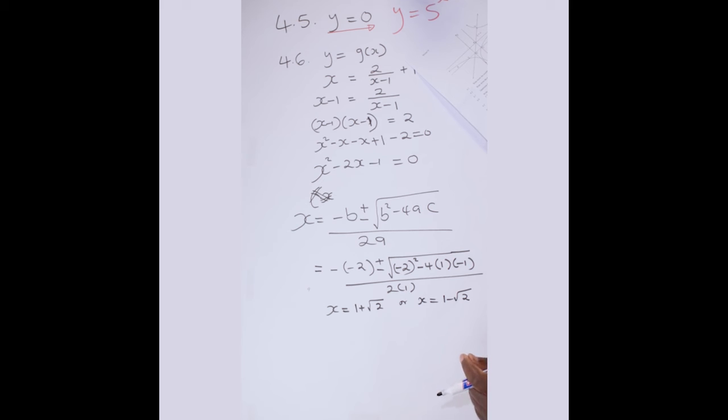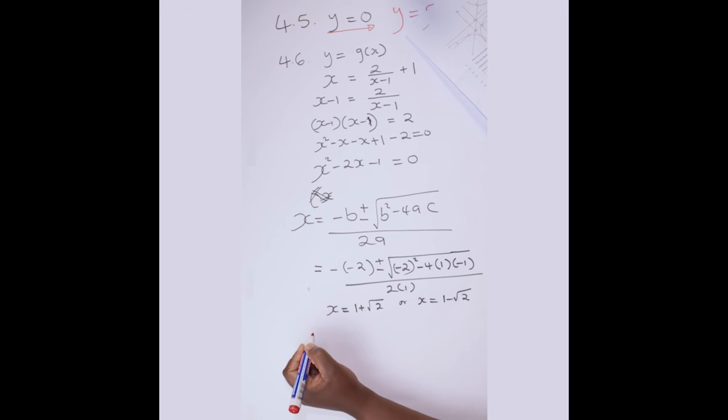Now remember, we are looking for the coordinates of V. And the graph along that line, along that point V, is y equals x. That simply means that our y value will be the same as our x value. So we're going to say y is the same as them.